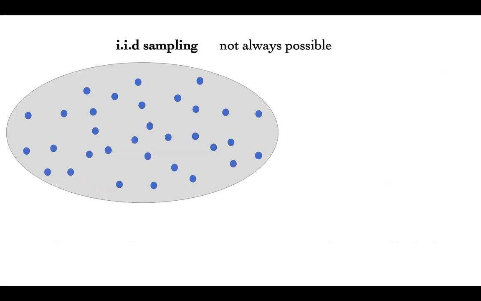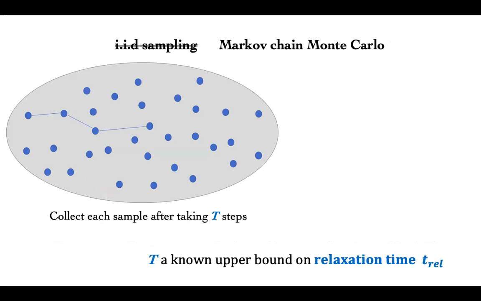When IID sampling is not possible, we often use the Markov chain Monte Carlo method. In the Markov chain Monte Carlo method, we run a Markov chain for capital T number of steps, where capital T is a known upper bound on the relaxation time, to collect one sample. We call this a trace of the Markov chain.